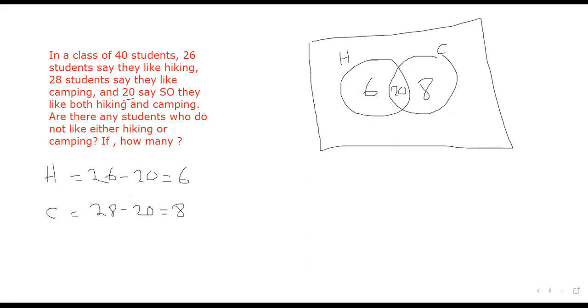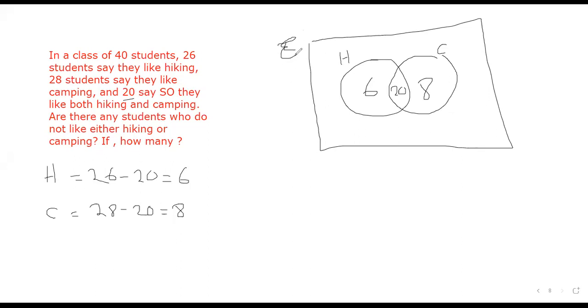We can now answer the question. So what's the question? Are there any students who do not like either hiking or camping? So the total students must be how many? 40.